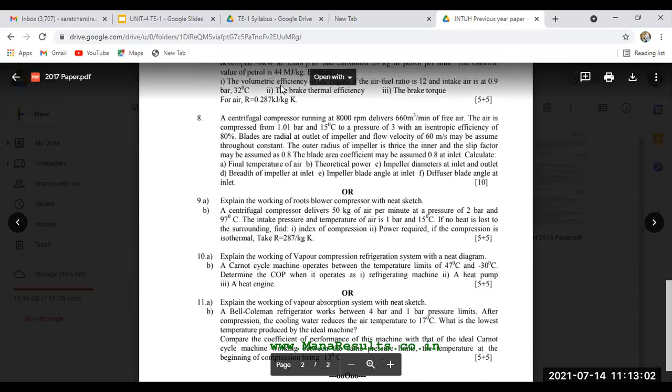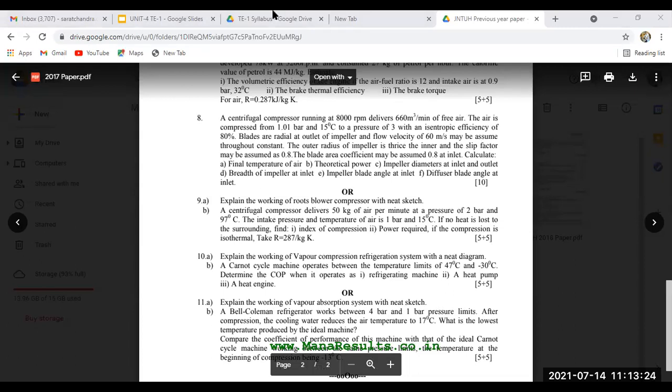In 2017, once again they asked the same question, question number 9A: explain the working of root blower compressor with sketch. Again, this question is 5 marks. So you can see the number of times they have asked this question in the exam.